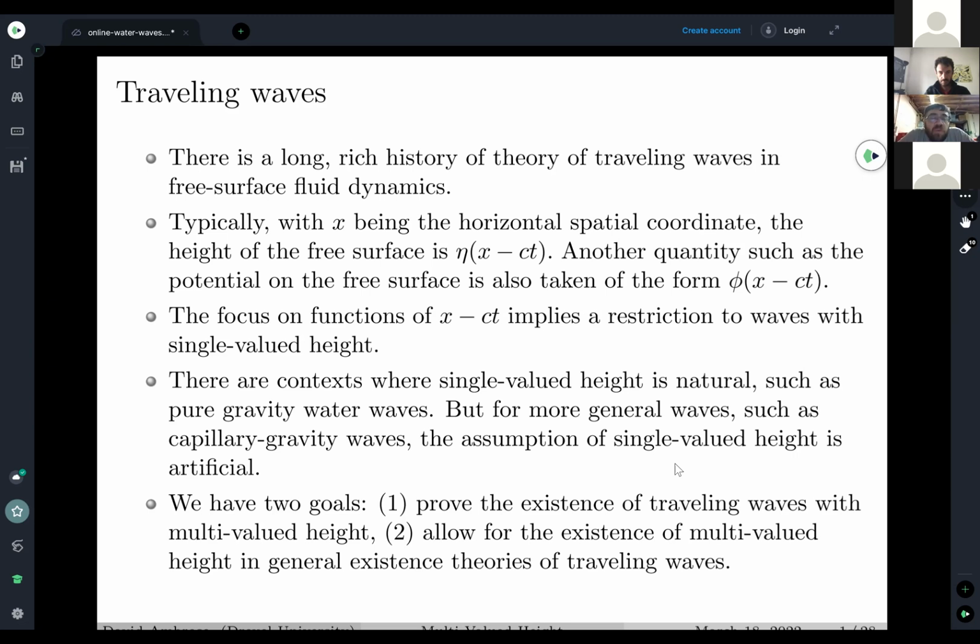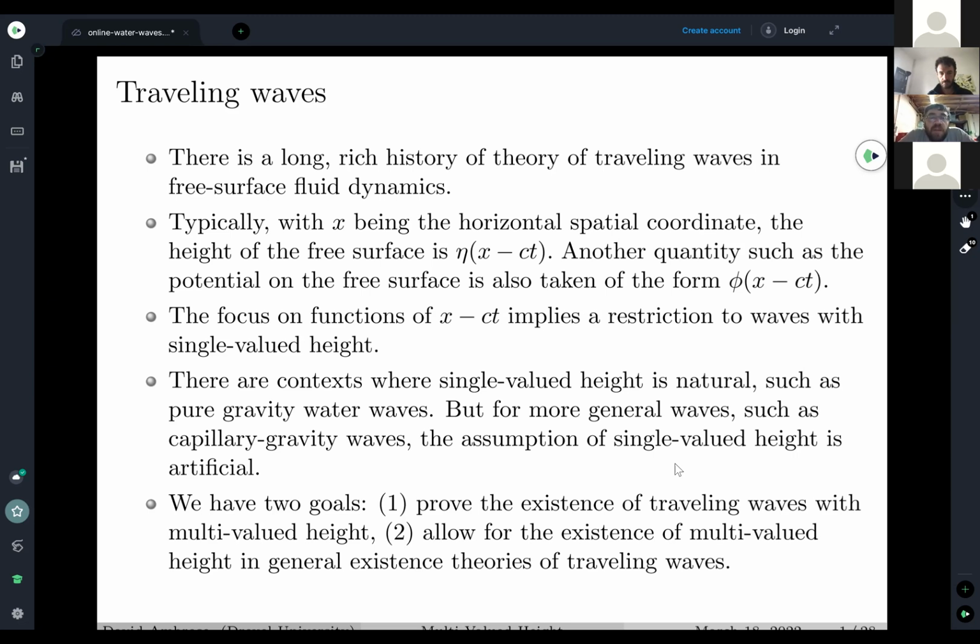With it being an evolution problem from physics, of course, you need not just a position variable, but also a velocity variable. So another quantity such as the velocity potential on the surface is also taken, and it would be a function phi, again, as a function of x minus ct.